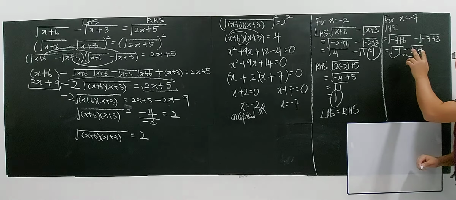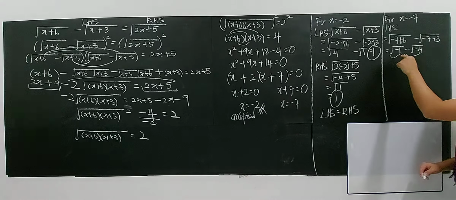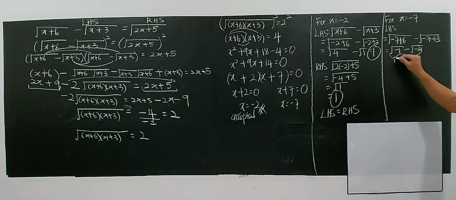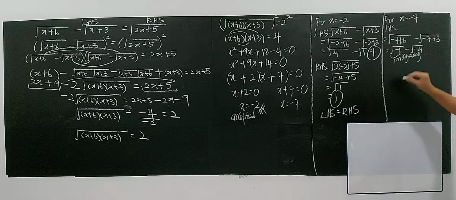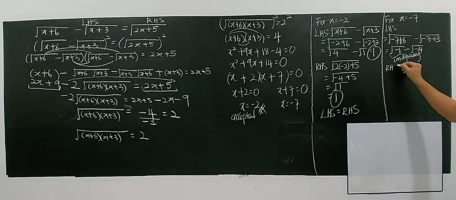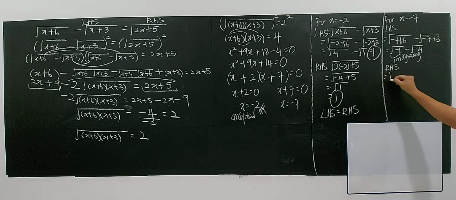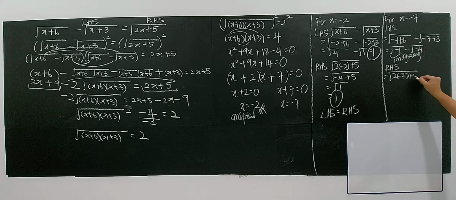In chapter 1, you learn about imaginary numbers, but from here itself, it is not a solution, okay? This is an imaginary number. So imaginary number, not true, undefined. Okay, never mind, we check the right hand side. The right hand side is square root of 2 times negative 7 plus 5.